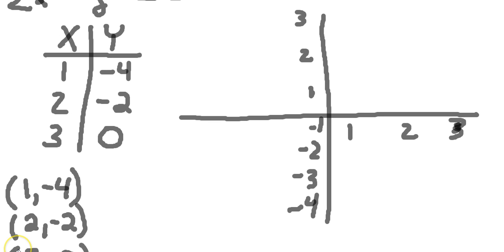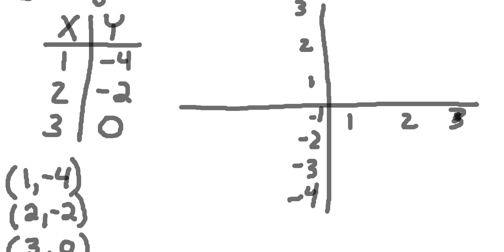So let's now plot these ordered pairs on a graph. Starting at the origin, let's plot our first point, 1, negative 4. From the origin, go 1 right, because that's our x value, and down 4, because it's a negative 4. Our second value is 2, negative 2, so we go over to the right 2 because it's positive, and down 2 because it's negative.